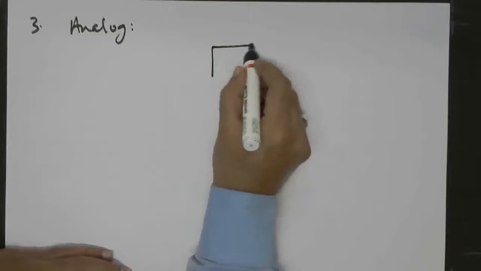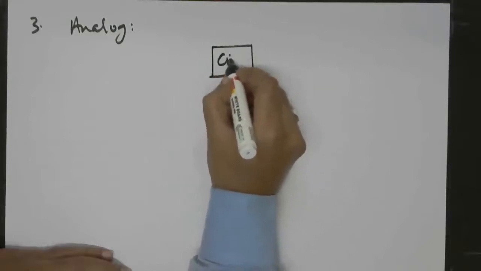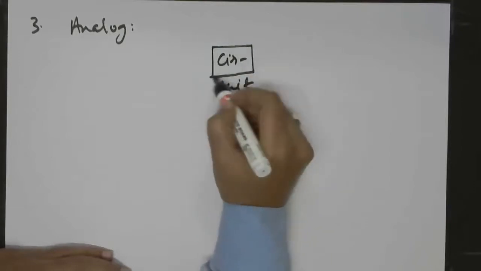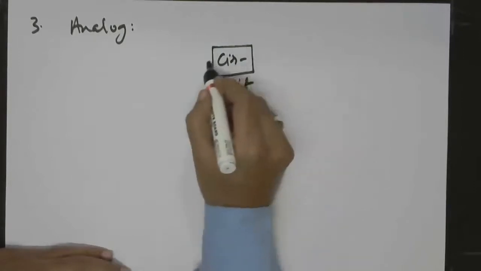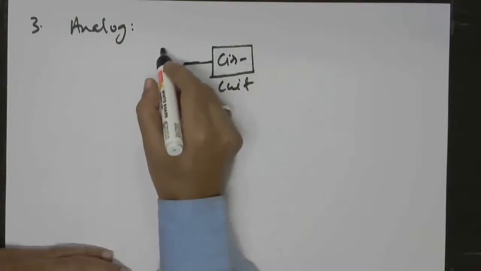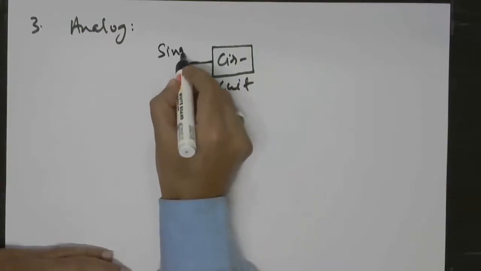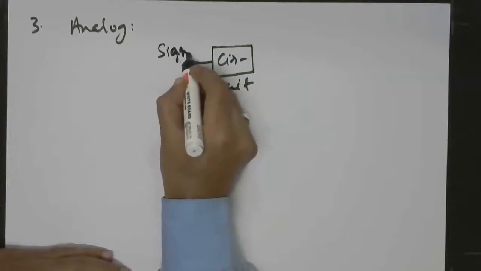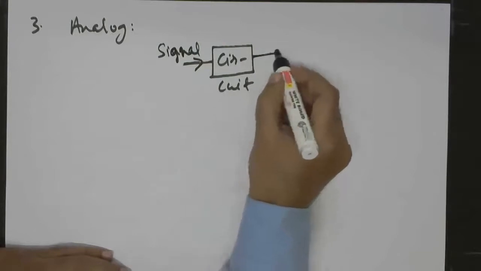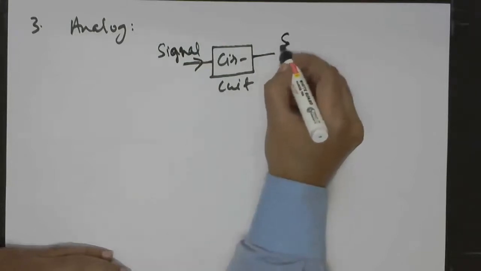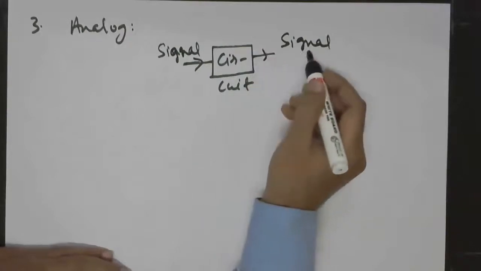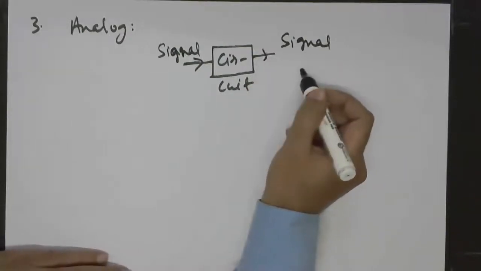A circuit, if we represent it using this black box, will basically take a voltage or current as what is called input, and then it will produce again a voltage or current at some other location, which will be called the output.